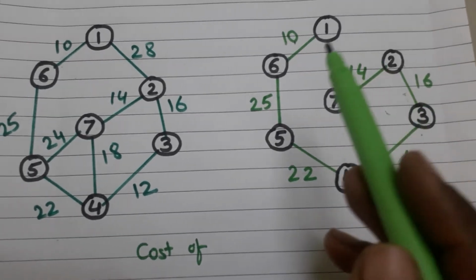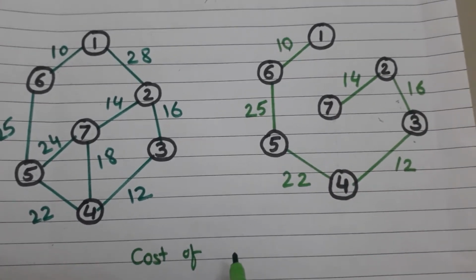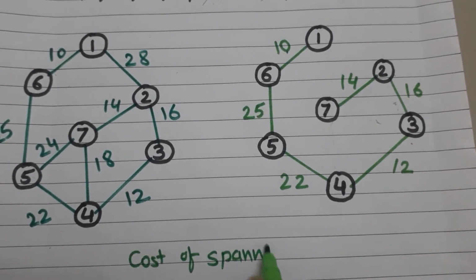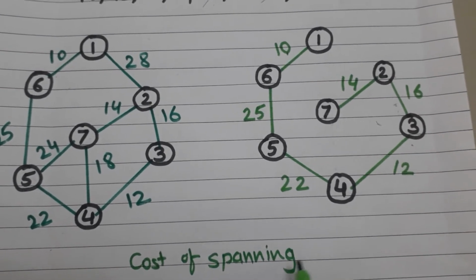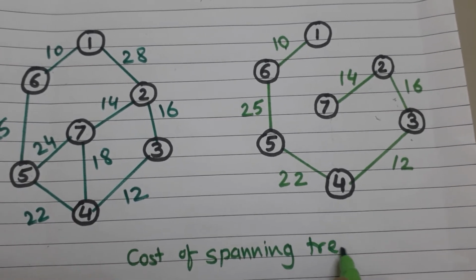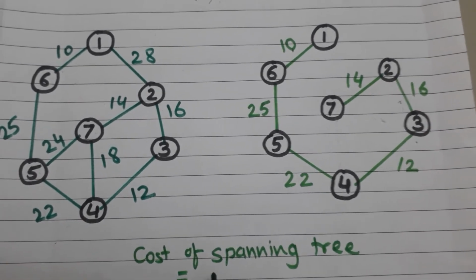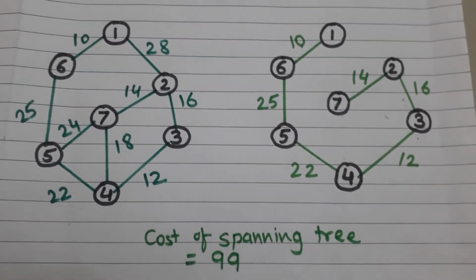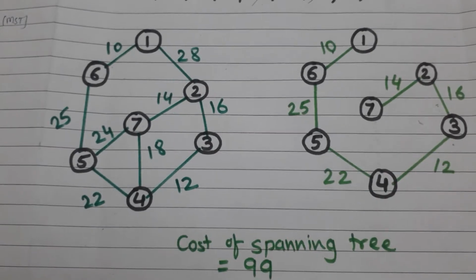Now if we add these weights, then the total is 99. So we will write here the cost of the spanning tree, it is 99.